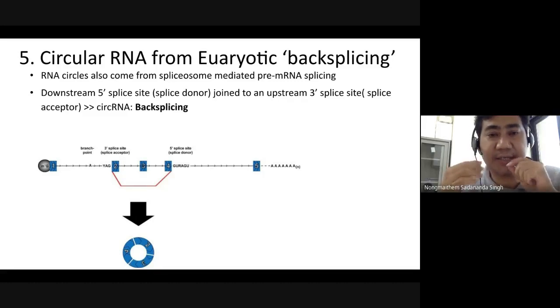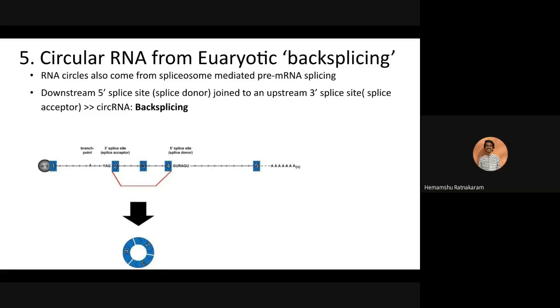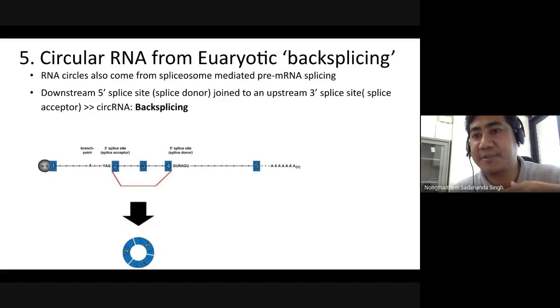Yes, definitely, it is there. The same sequence can give both products. It's the same transcriptional unit. The promoter is the same, everything is the same. Just that during the splicing, it can go into a circular mode or a linear mode. Both of them are possible.